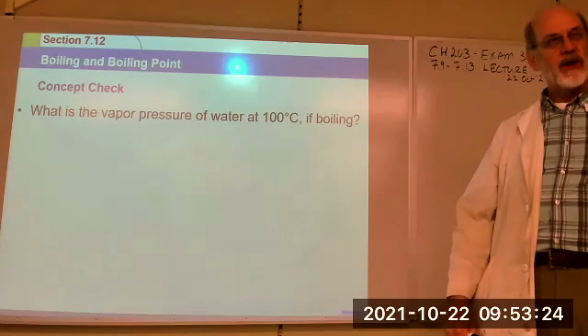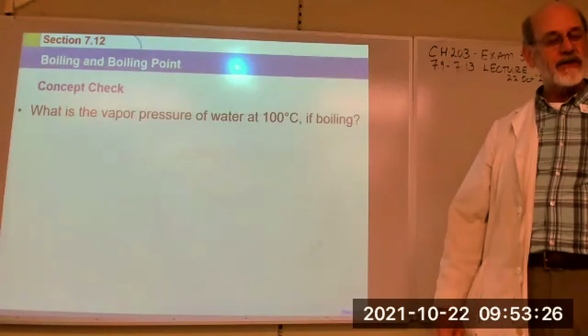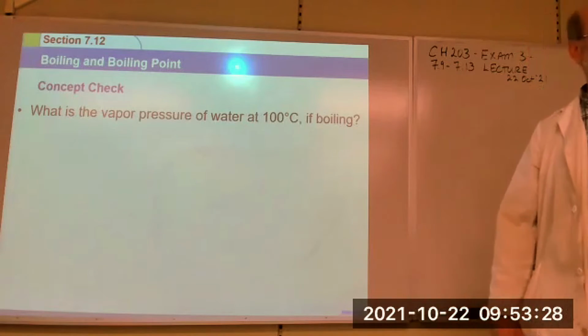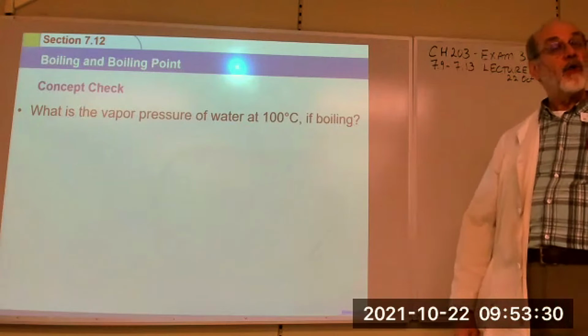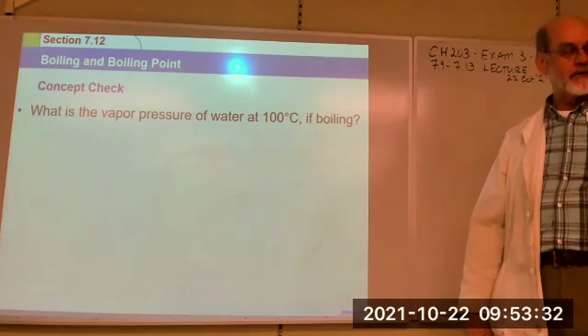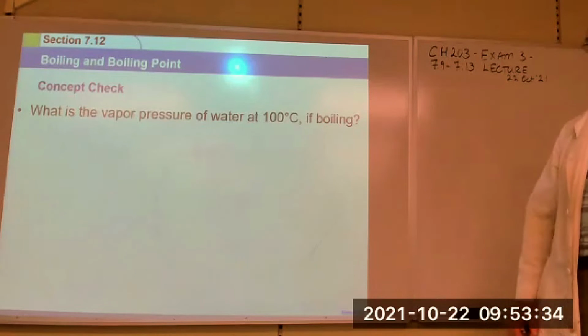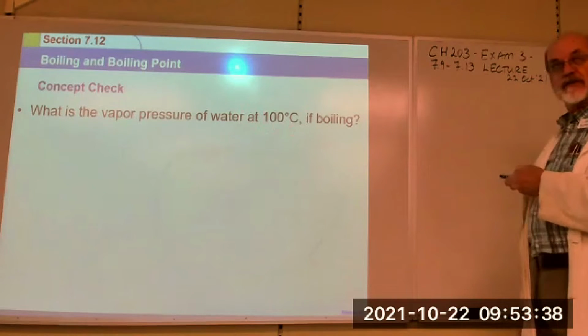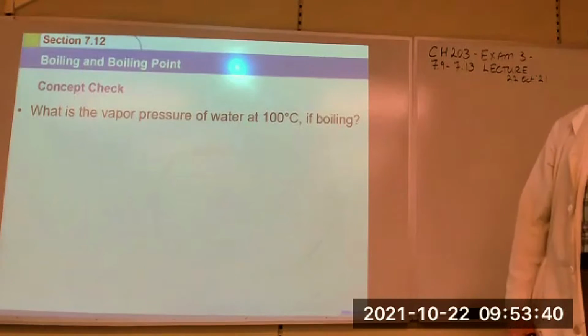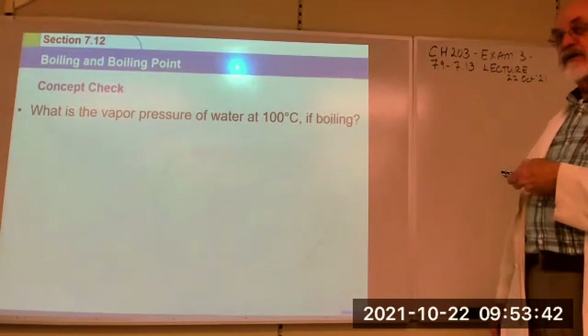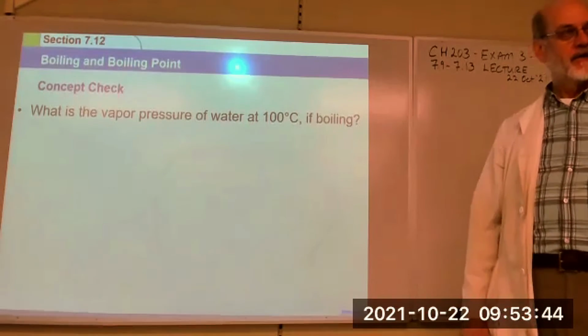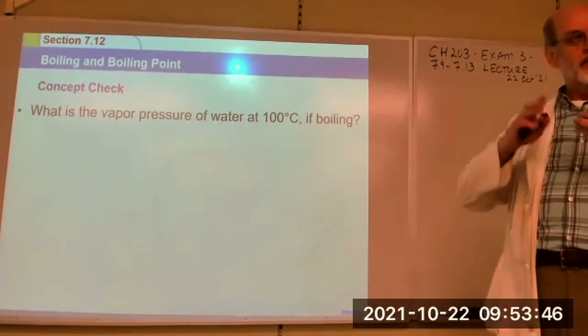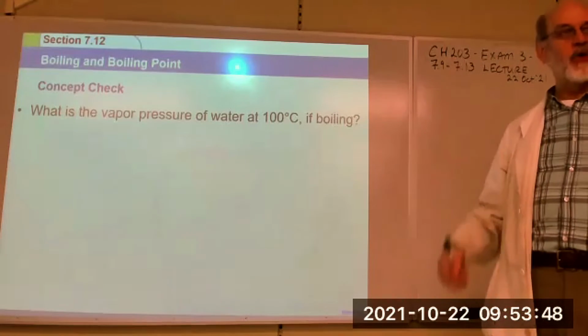If your water is boiling at exactly 100 degrees and it's pure water, doesn't have anything else in it but water, that's important also, for different reasons, then you know that the vapor pressure is 1 atmosphere, because the vapor pressure equals the external pressure at the boiling point.